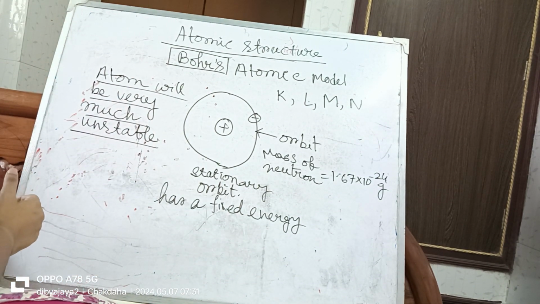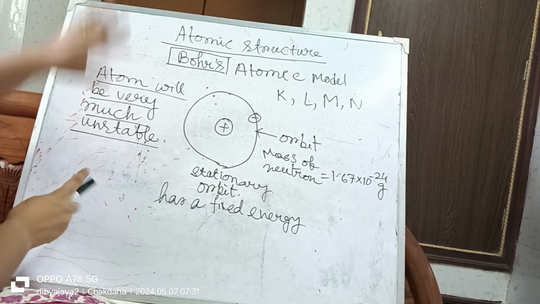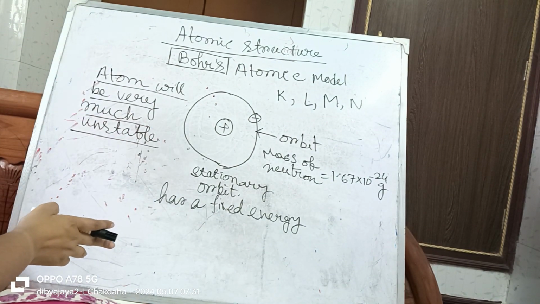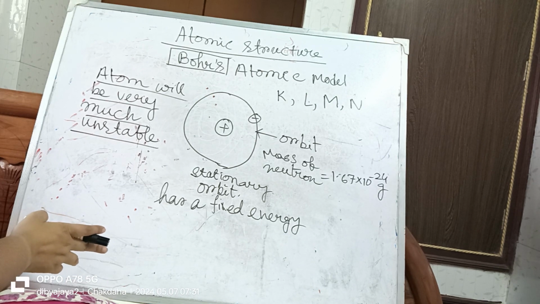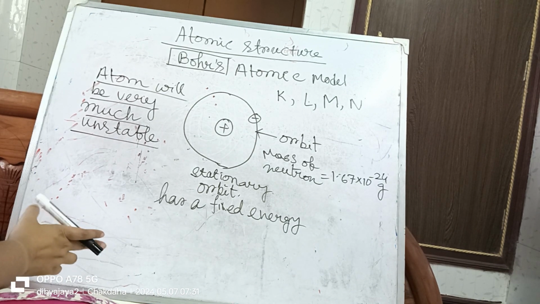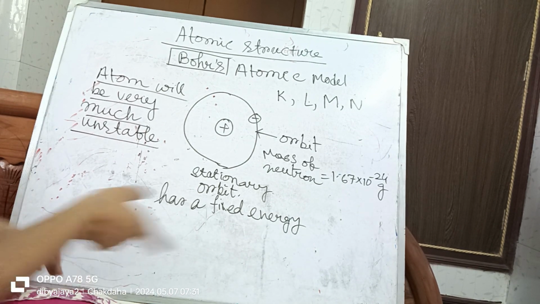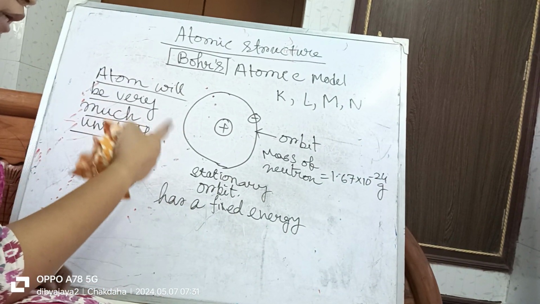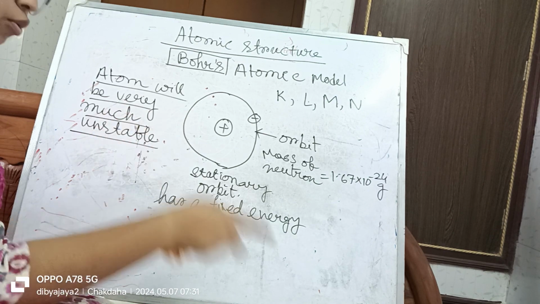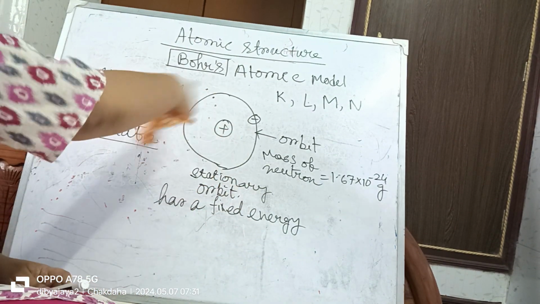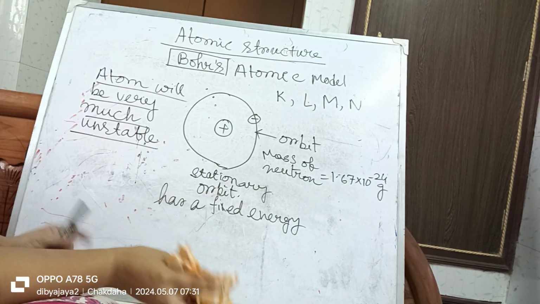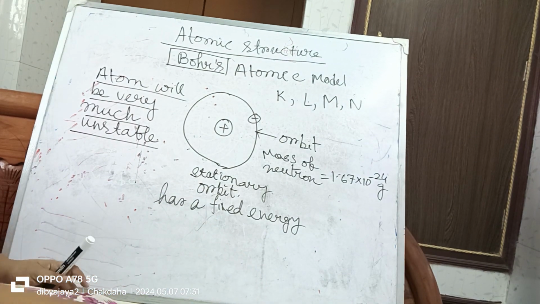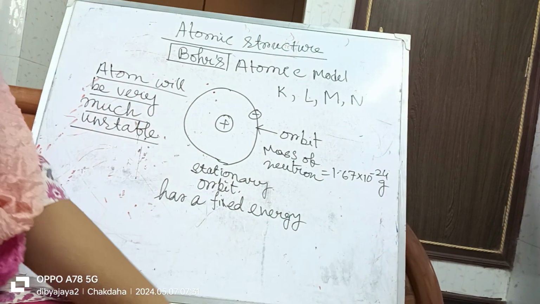Next, the atom structure we have already completed. Now we have a concept about the orbit: the circular path where the electrons move around the nucleus is called an orbit or shell.